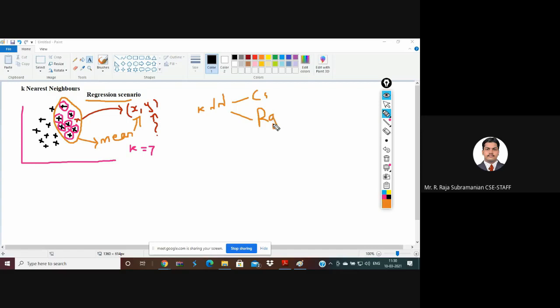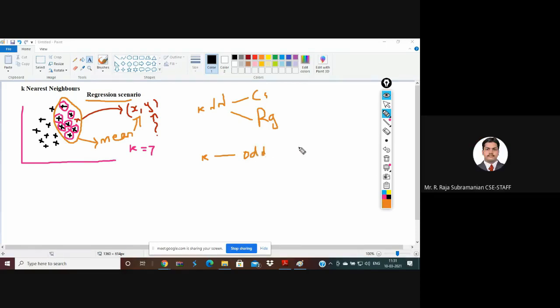Point number 2. What will be the k value when it is going to be a classifier? It can be an odd value or an even value, or any value? Why?